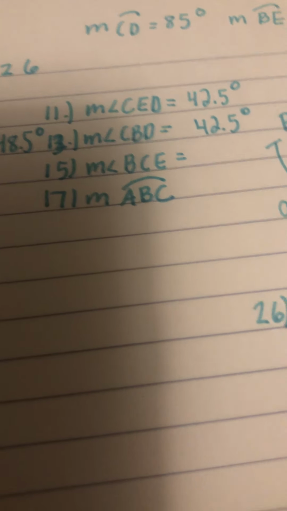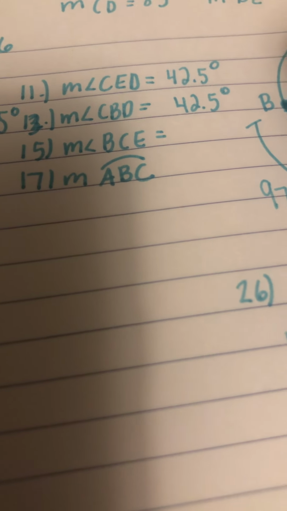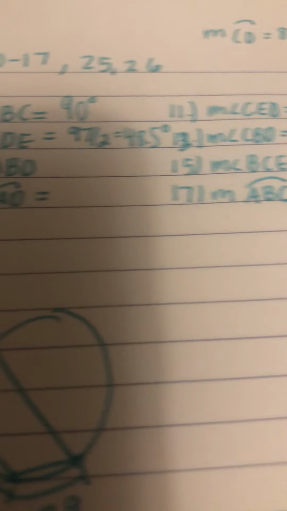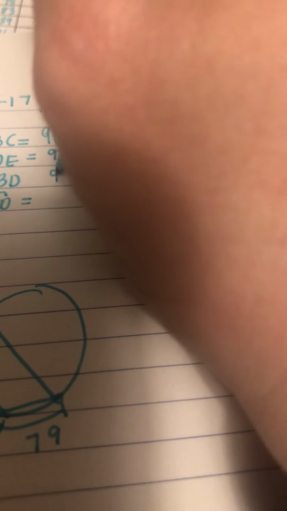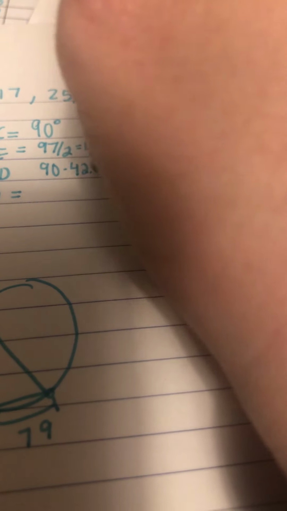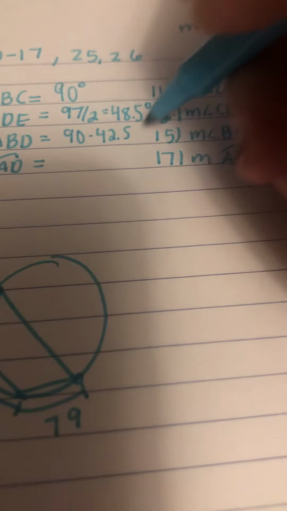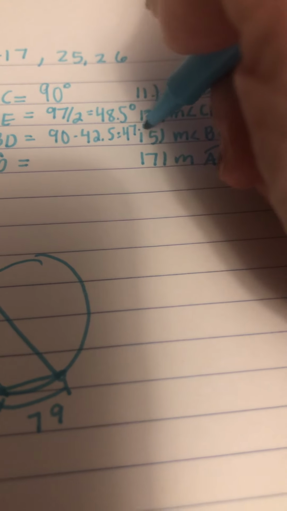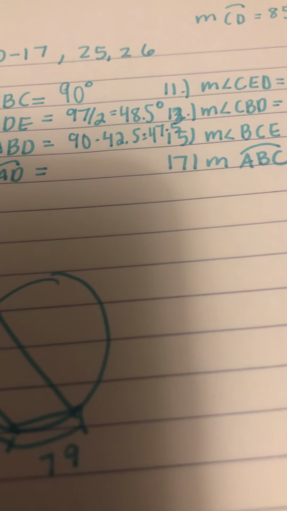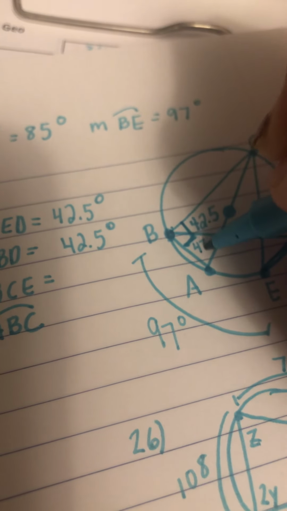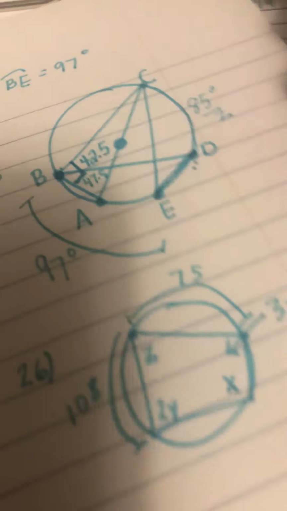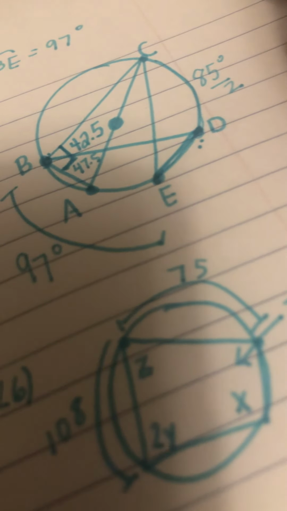Because this is 90 degrees, when they ask for ABD, it's just 90 minus 42.5, which equals 47.5. Sometimes when I find these little guys, I'll write them on my picture too, because it maybe helps with something later.